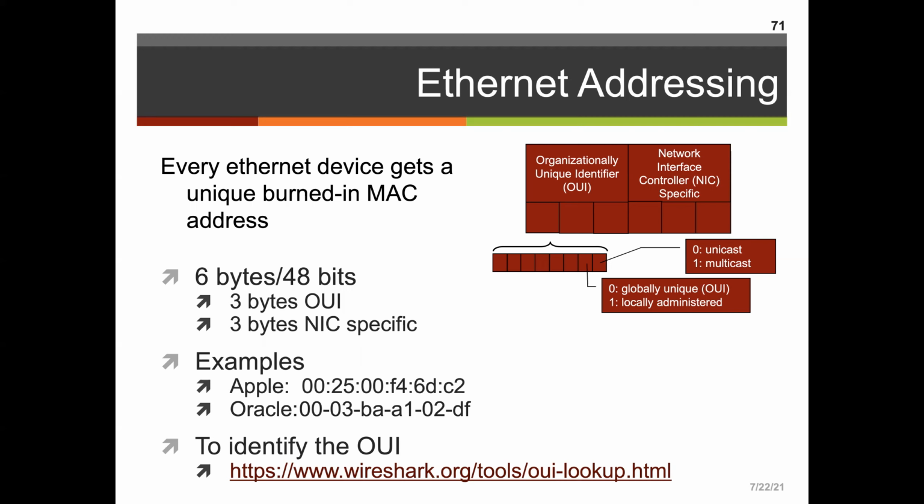So for example, an Apple device could be represented in the following format, while an Oracle device would be represented in the defined format using dashes. And you can use Wireshark to identify your address as well.